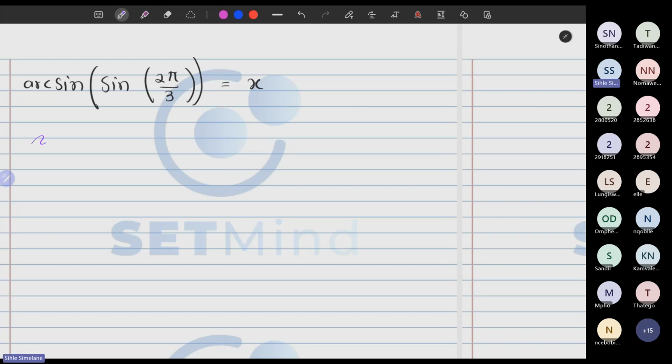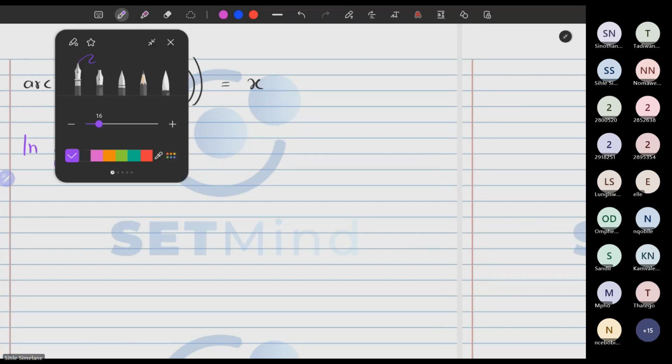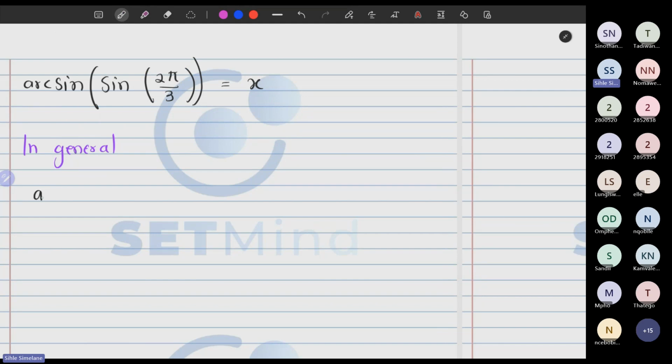So if you look at your notes which are under "in general", what we are saying there is that the arc sine of something will be equal to that thing only if that thing is an element between negative pi over 2 and pi over 2. So that is what is going on here.